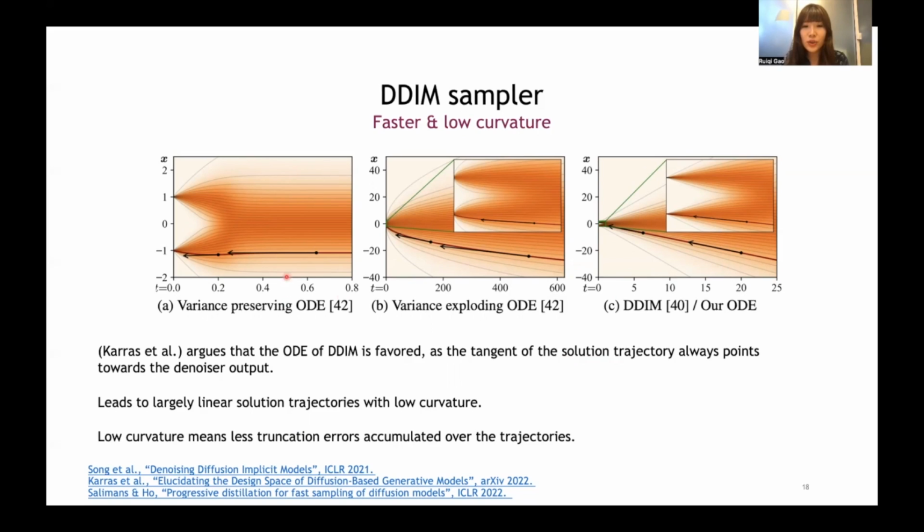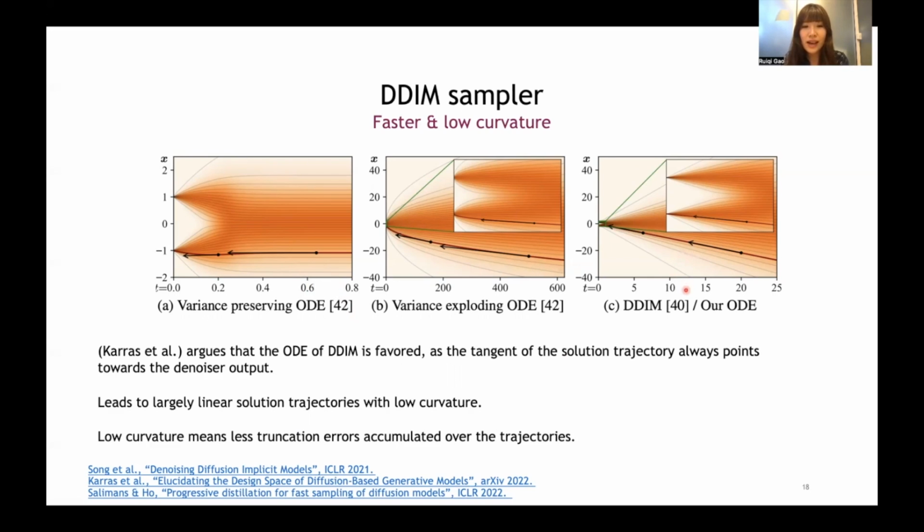For the first two ODE formulations, the variance preserving ODE and the variance exploding ODE, which are two very commonly used formulations in diffusion models, there are more high curvature regions along the trajectories.